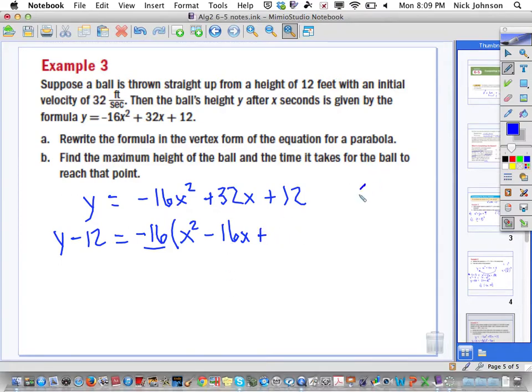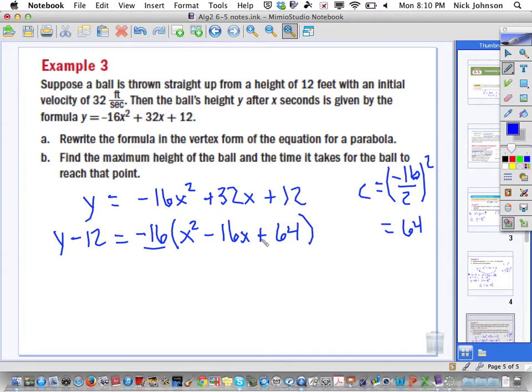So I got to take a negative 16 divided by 2 and square it. So negative 16 divided by 2 is a negative 8. A negative 8 squared is 64. Now, what did I actually add here? Well, I actually added a negative 16 times 64.